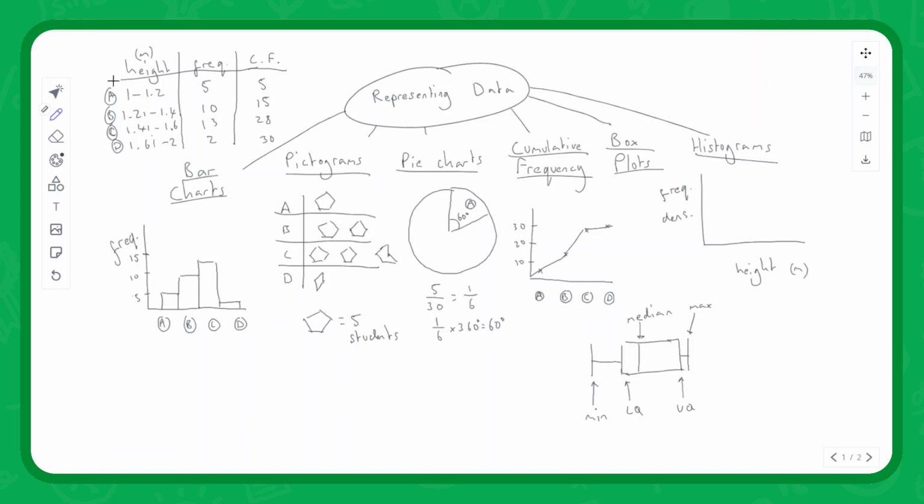So our first histogram bar is going to have a width of 0.2, right? It's from 1 to 1.2. And we know that the total frequency we need to represent is 5 students. If I want the area of this rectangle to represent those 5 students, I need 0.2 times the height to get 5. What's that height going to be?